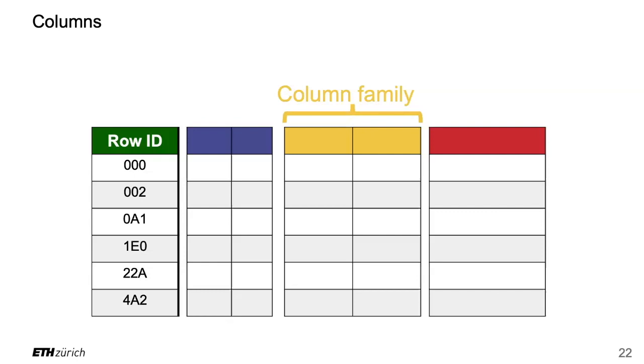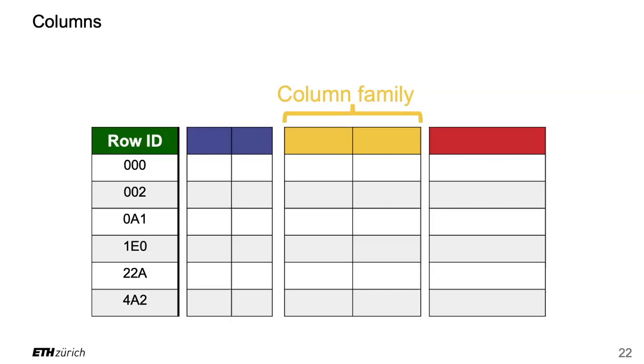Second, that is another difference with the relational database management system. We have column families. It's not just that we have columns, we also have an additional hierarchy where we have the column families and then the columns, right? So I use colors in there. There is a purple column family, the yellow column family, the red column family. The reason we have them is that typically when we access the data, we are going to access only one family at a time or two families, but not all of them, right?